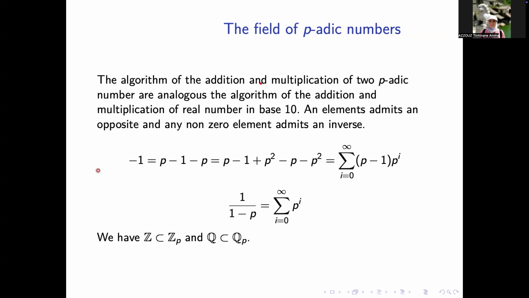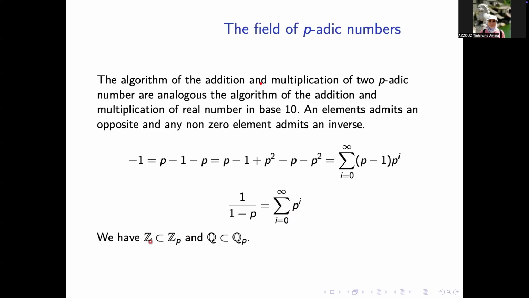However, for example, if we want to have the opposite of 1, with respect to addition, then we can express it in this way, and formally it corresponds to this power series. I also give an example of an inverse of an element, which can be expressed like something like that.